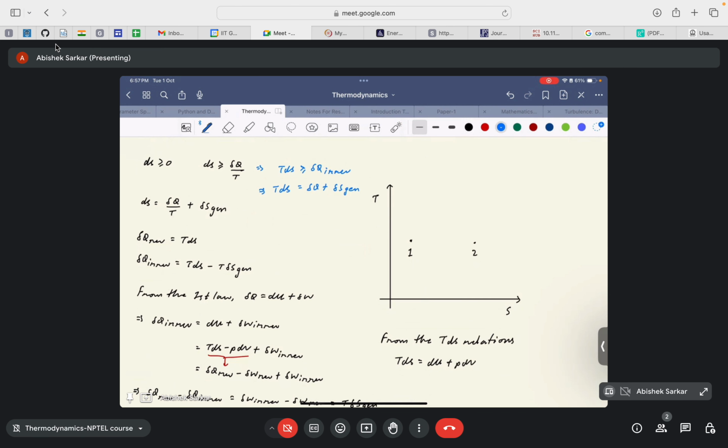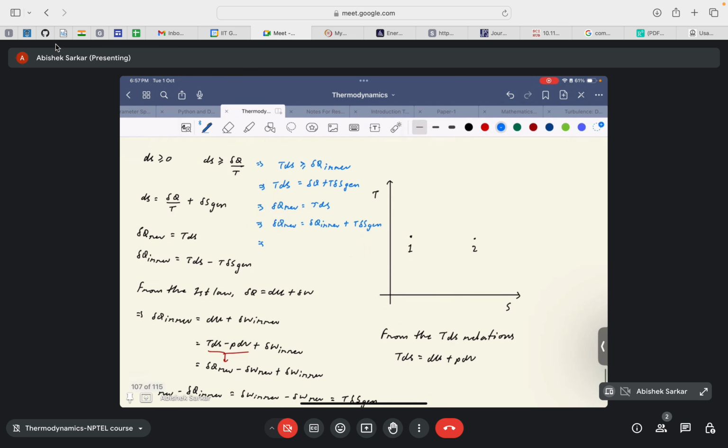Okay. Now if we take delta Q reversible as equal to TdS, then we will have delta Q reversible is equal to delta Q irreversible plus T delta S gen, right?